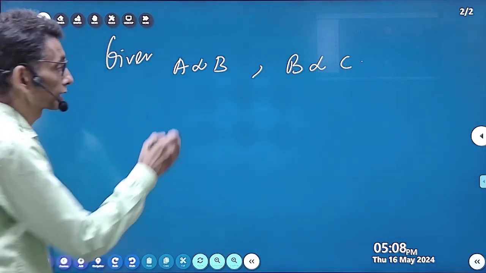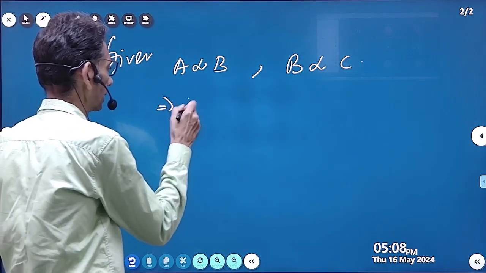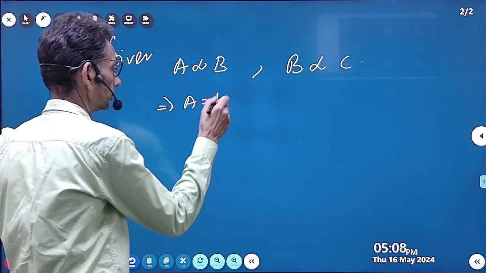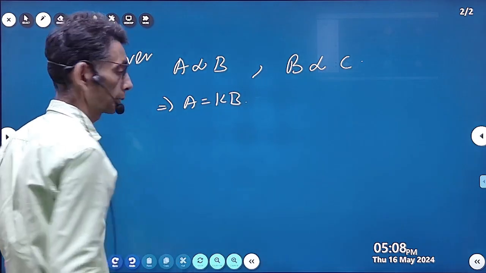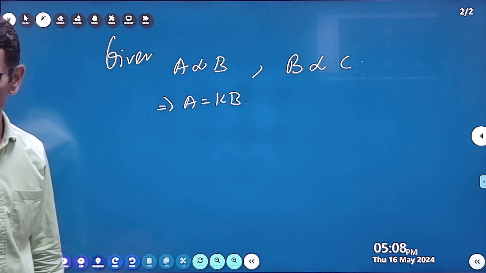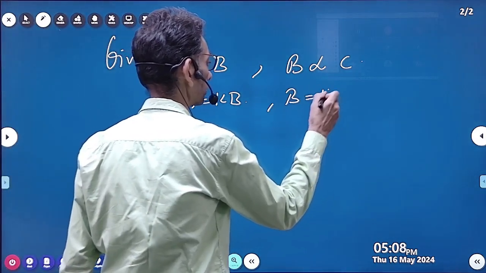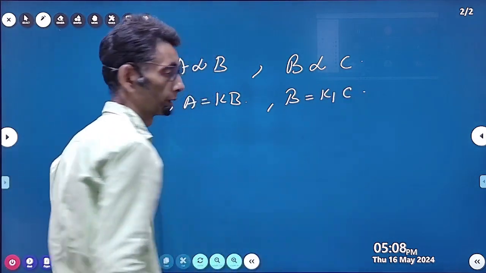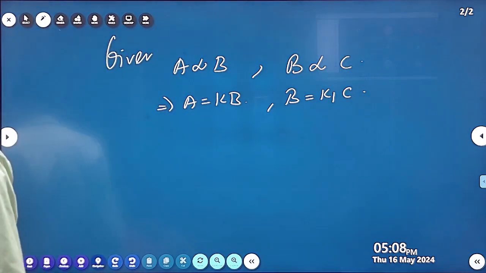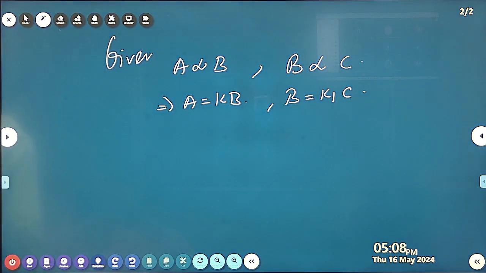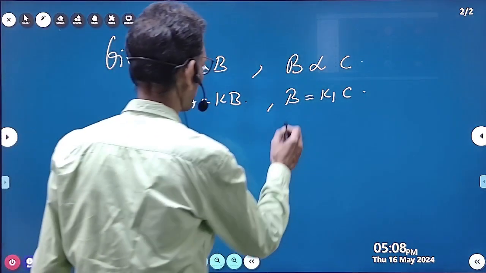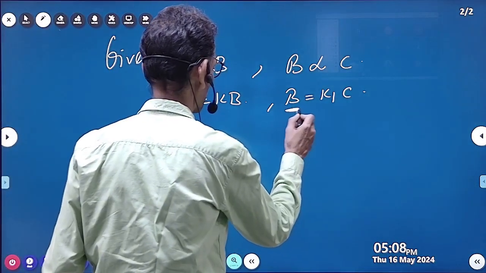Since A is proportional to B, A is equal to KB. And B is equal to K1C. I have written the constants differently, right? What is the value of B?